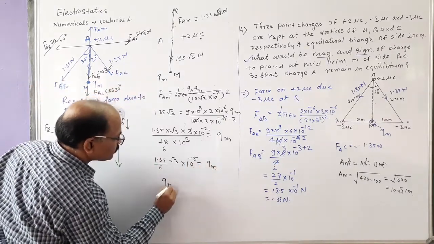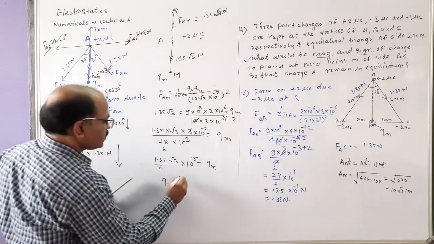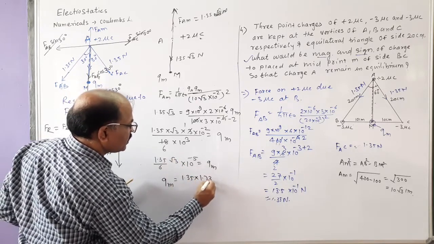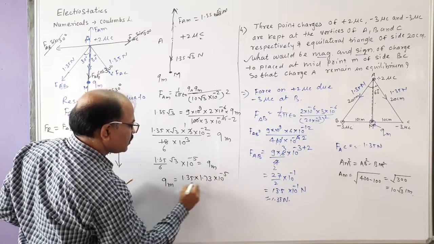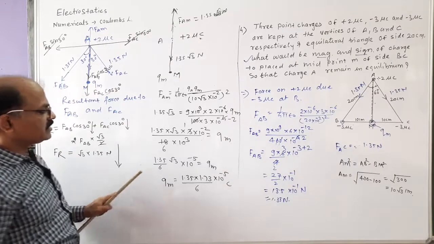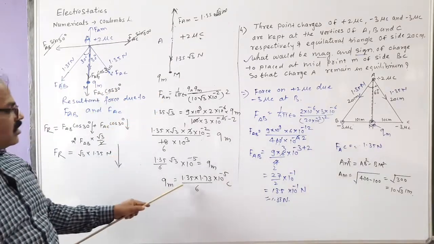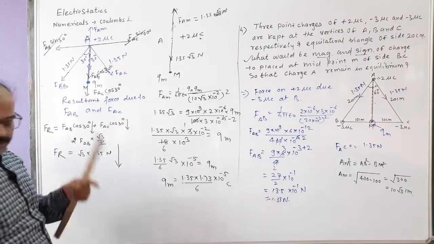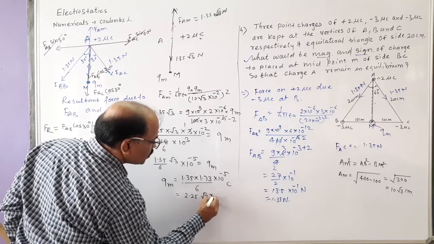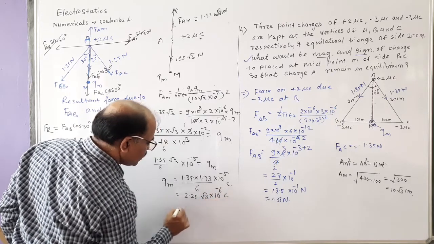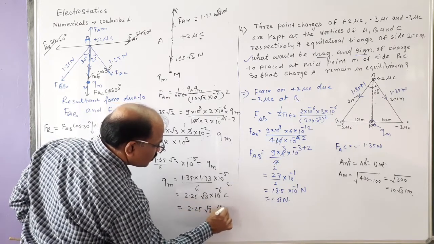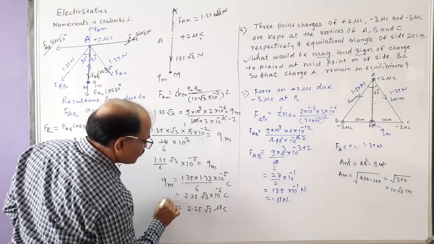So QM equal to 1.35 multiply by value of this is 1.73 into 10 raised to minus 5 divided by 6 in coulomb. This will be the charge, means plus charge of this value, or after simplification this is 2.25 into root 3 into 10 raised to minus 6 coulomb, या 2.25 into root 3 microcoulomb the charge is required.